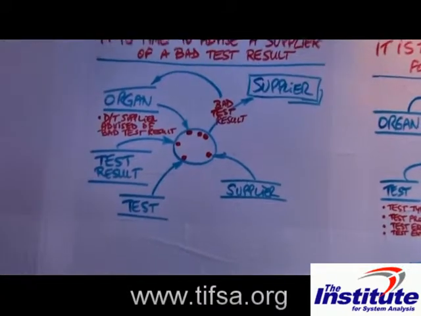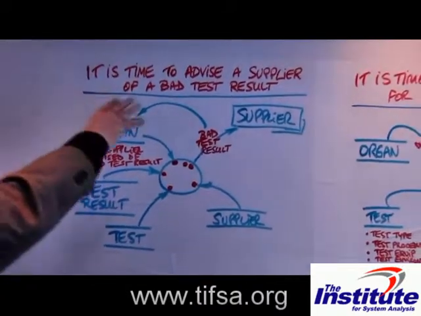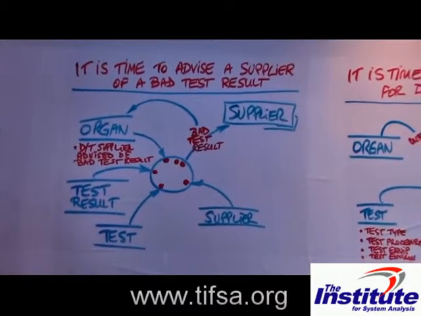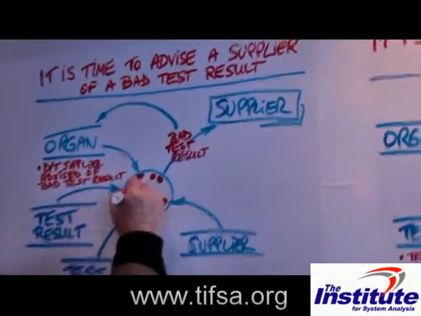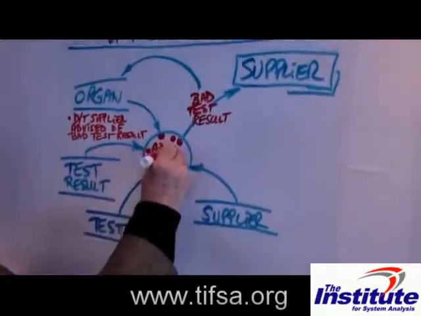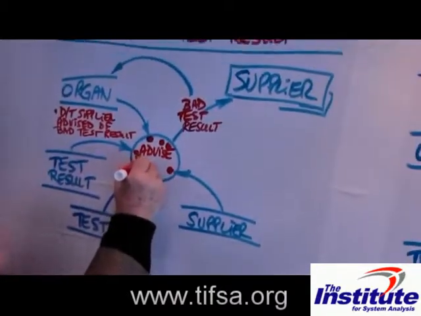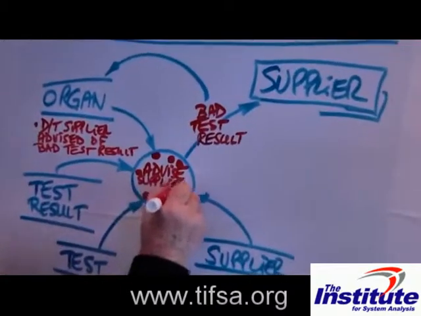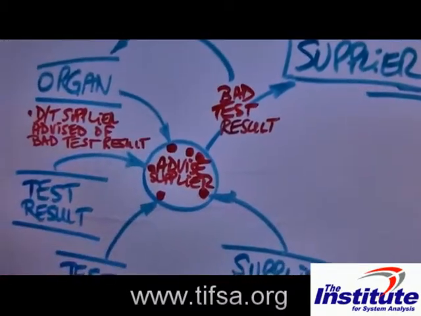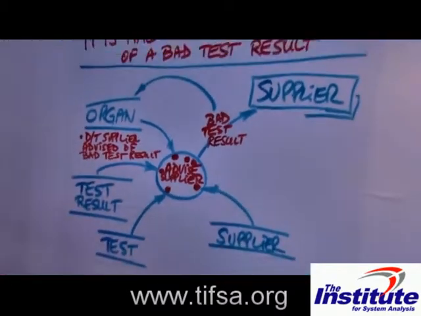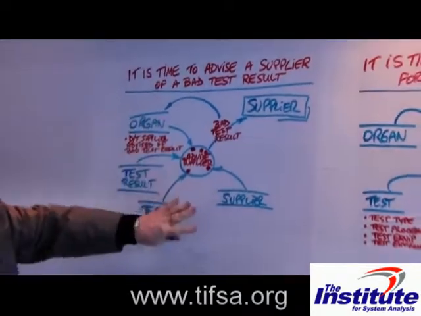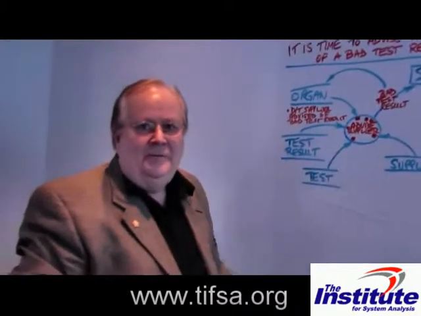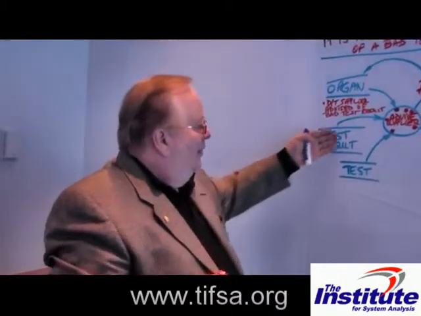There's our narrative right there. Okay, so it's time to advise the supplier of a bad test result, and I'm going to put advise supplier of bad test result. So there's the narrative, we have some objects, a new data attribute, we have all the data that we need to be able to tell the supplier. And we're able to write it out very nicely.